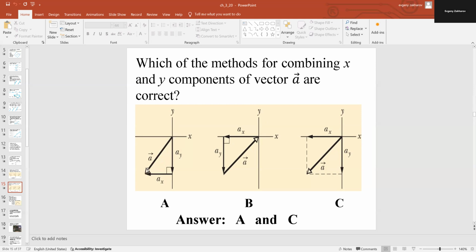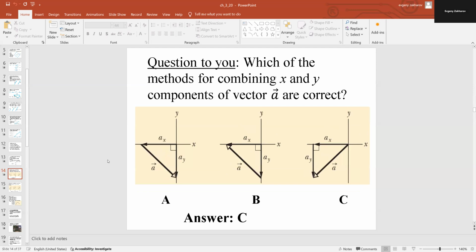And you would say, hey, it's not a sub x plus a sub y, it's rather a sub y plus a sub x. And I say, fine, there is a commutative law that allows me to flip-flop the first and the second vectors. So a sub y plus a sub x, or a sub x plus a sub y, you still get the same result.